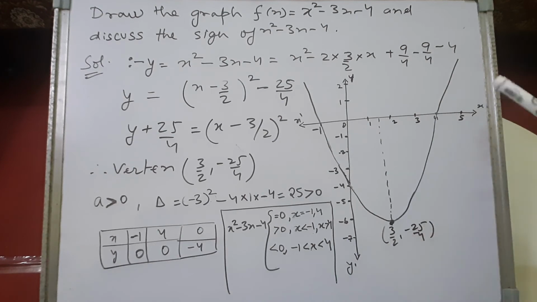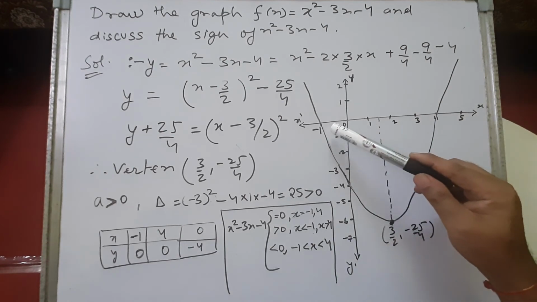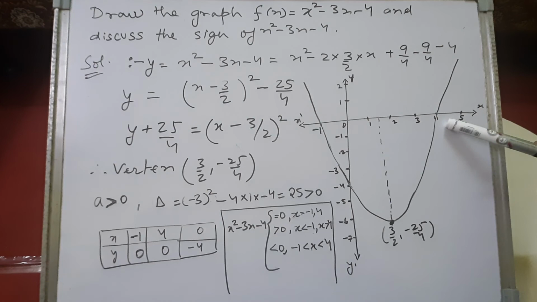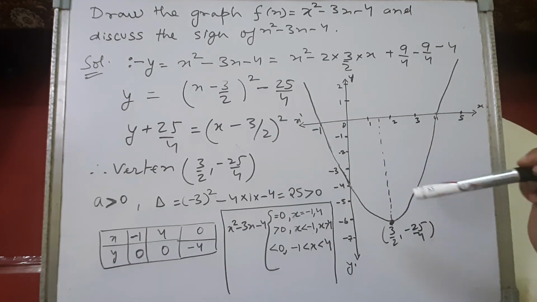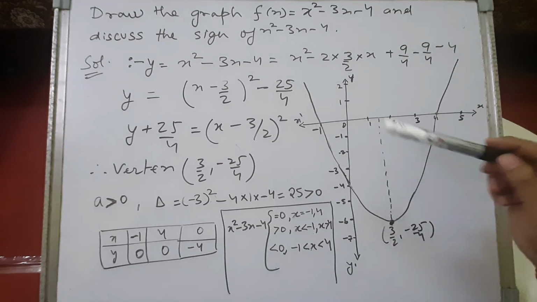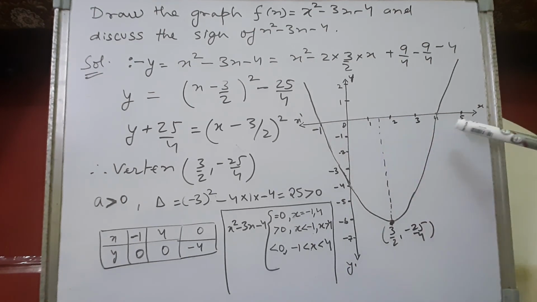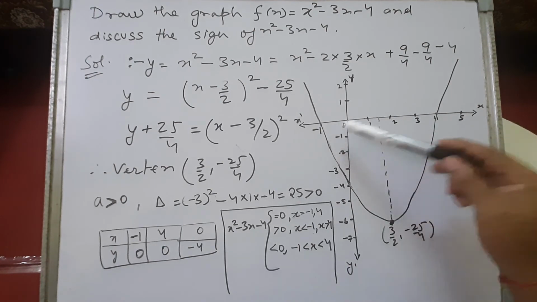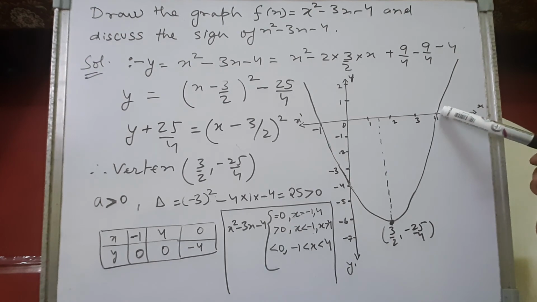From here we can comment that when x equals -1 and 4, the value of this quadratic function, which is representing this parabola, will be 0, right? Because the roots are -1 and 4. When you put x equals -1 or 4, the value of y on this curve will be 0.